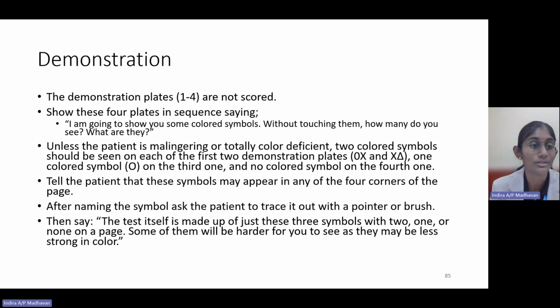We have to show these 4 plates in sequence, and when you give the instruction to the patient, you say, I'm going to show you some colored symbols. Without touching them, how many do you see? What are they?